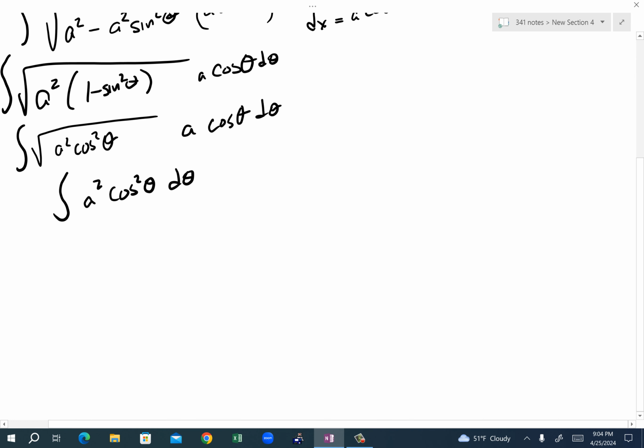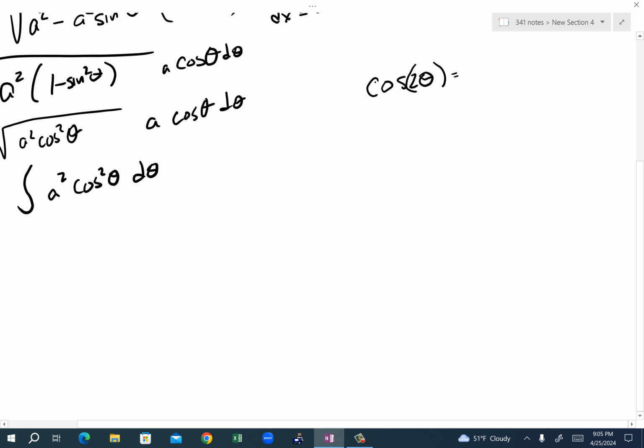Now you recall, isn't that 1 minus sine squared? No, don't do that. You may recall that the cosine of 2 theta can be written a couple of different ways.